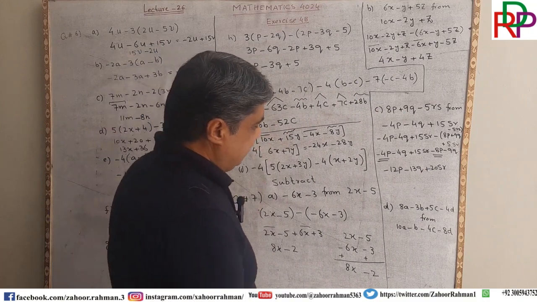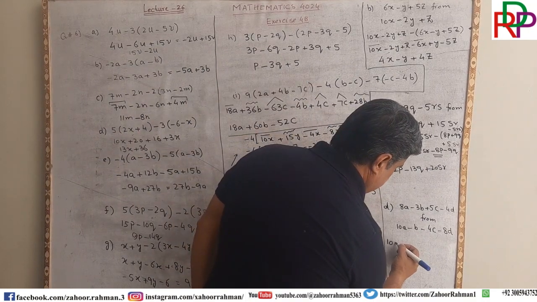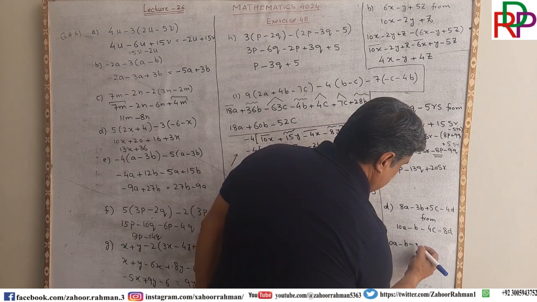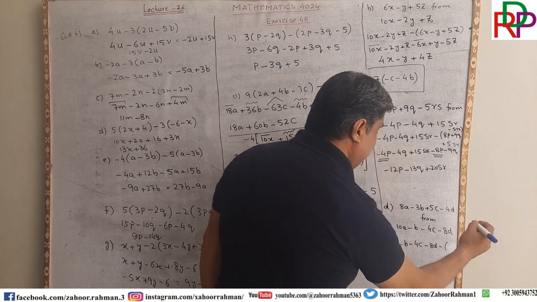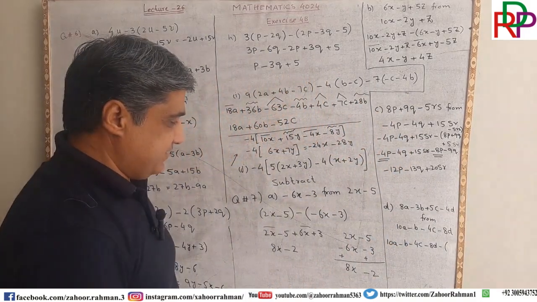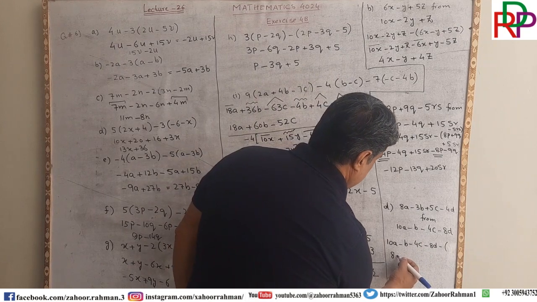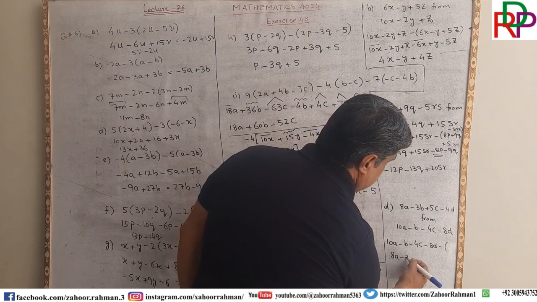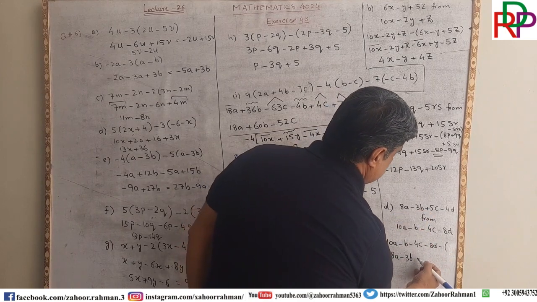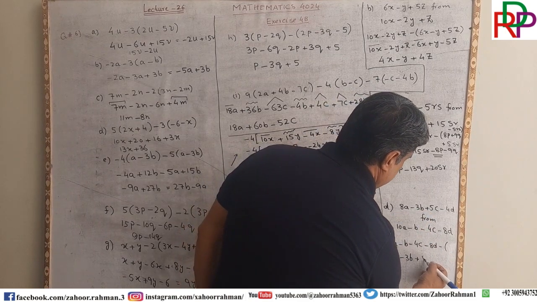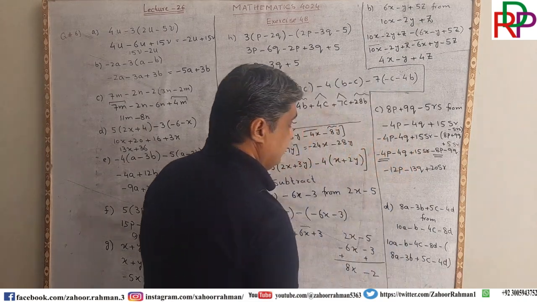Now the D part of this question: you have to write first 10a minus b minus 4c minus 8d, minus, in the brackets. You have to write the first expression. Do not commit this mistake of writing this is the first and this is the second. Plus 5c minus 4d in the bracket.